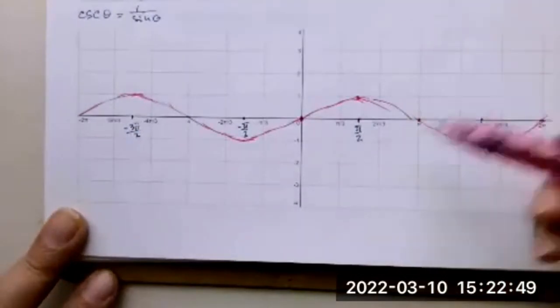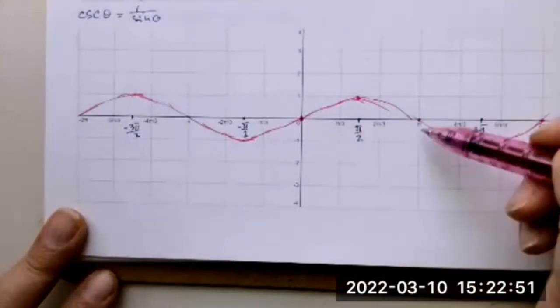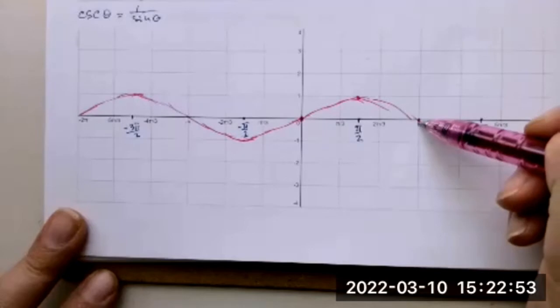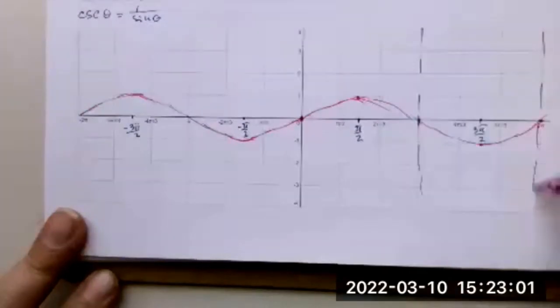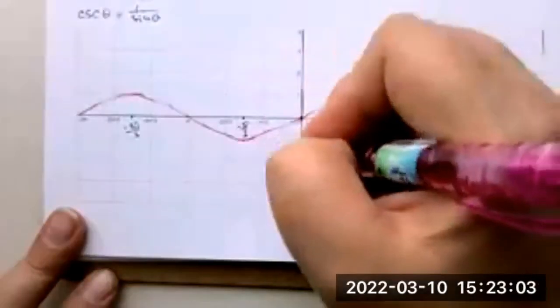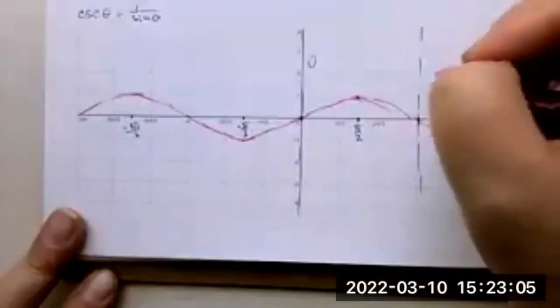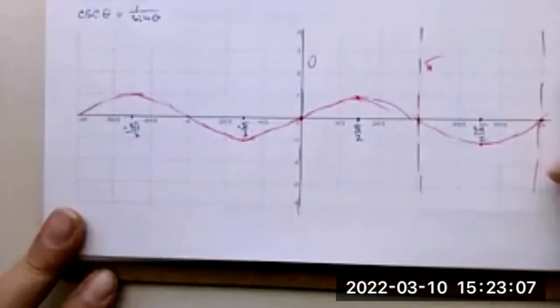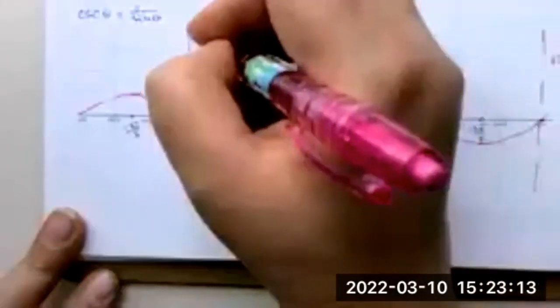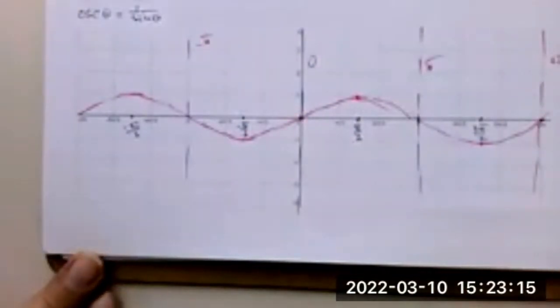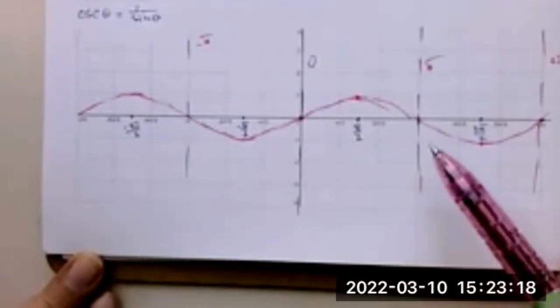So when the sine function hits 0, we have an asymptote. We have asymptotes at 0, pi, 2 pi, negative pi, negative 2 pi, and so forth. So those are our asymptotes.